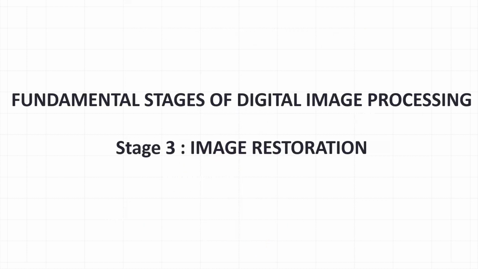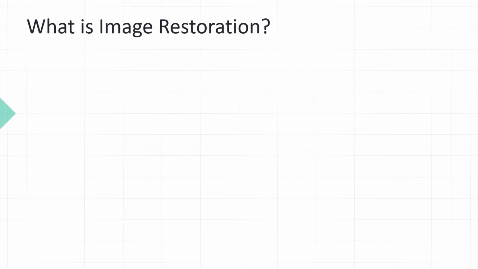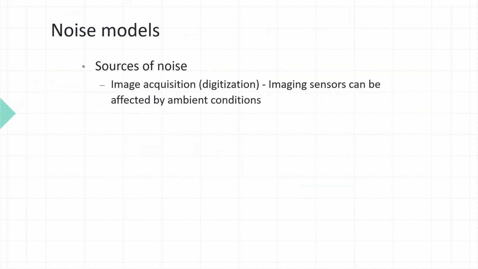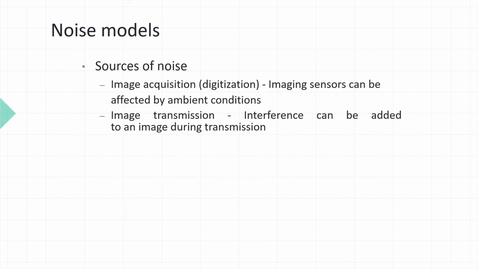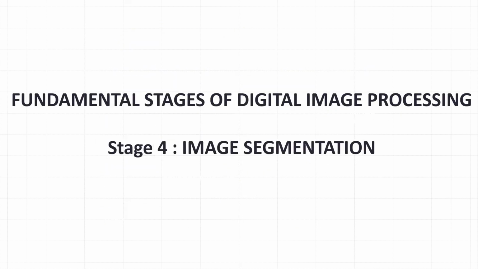Later, we moved towards stage 3 of digital image processing, referred to as image restoration, which is almost similar to image enhancement, but image restoration is more objective than image enhancement. Later, we moved from image restoration to the next stage, referred to as image segmentation.